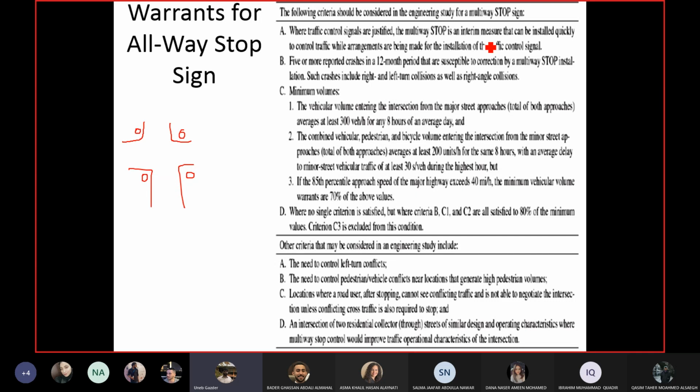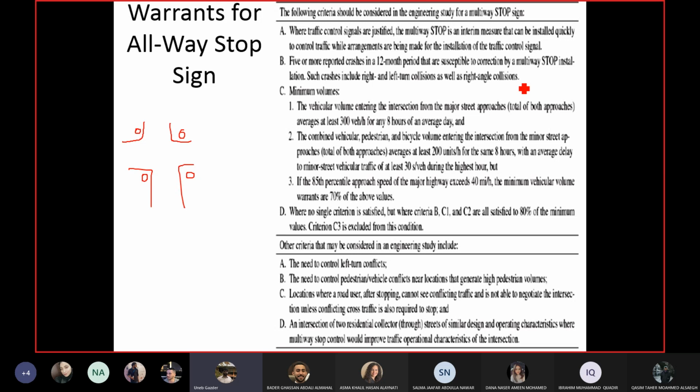The other condition is if you have 5 or more crashes reported in a 12-month period, and you feel that the crashes are because of right and left turn collisions as well as right angle collisions, so you feel that the crashes can be reduced with the help of a multi-way stop sign.